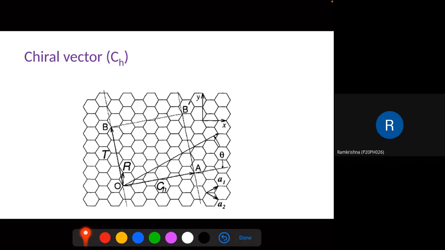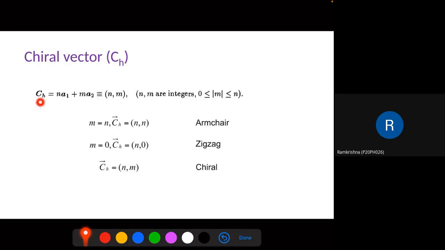So if you look again at the picture here, we are going from one lattice point to another lattice point in the hexagonal lattice, and since a1 and a2 are lattice vectors, OA has to be some integer multiple of these lattice vectors. So this is how we can define the chiral vector.